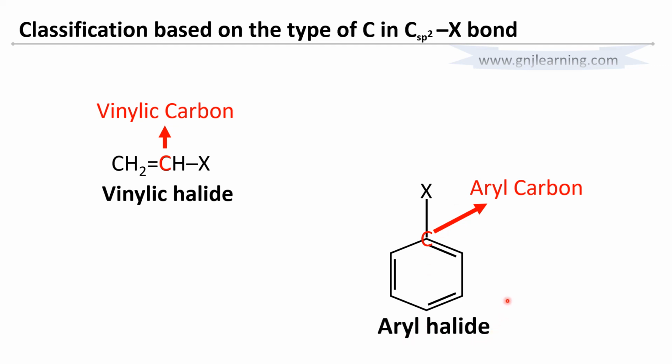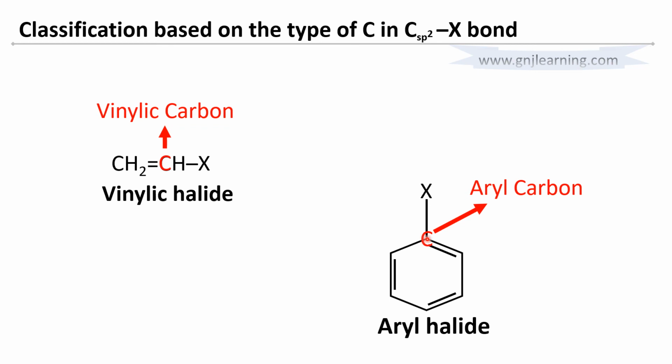We have already seen aryl halide, and this is a new one, that is vinylic halide. Why is it called vinylic halide? Because X is attached to a vinylic carbon. Clear? And why is it called aryl halide? Because the halo group is attached to an aryl carbon. So that's all about the classification.